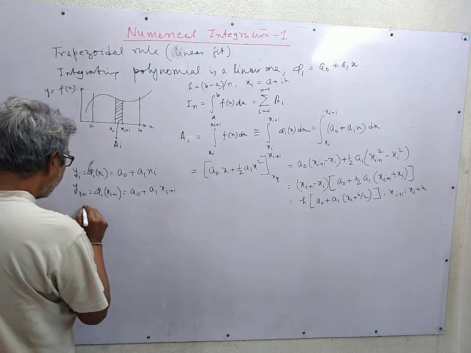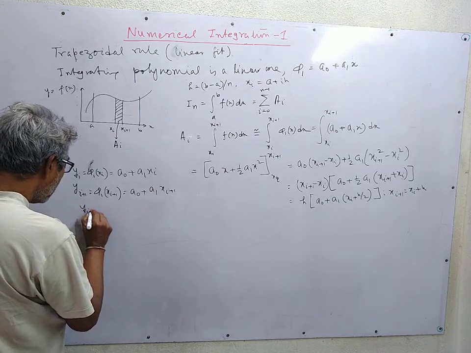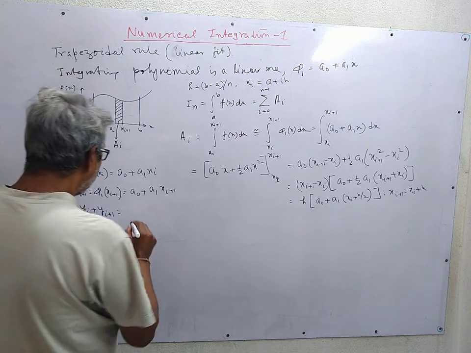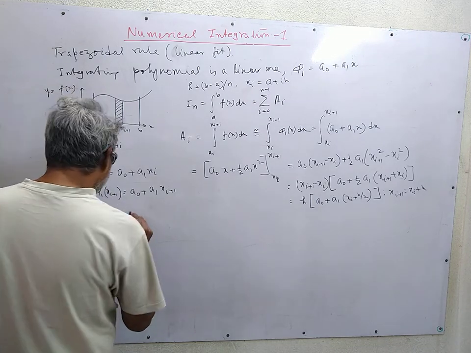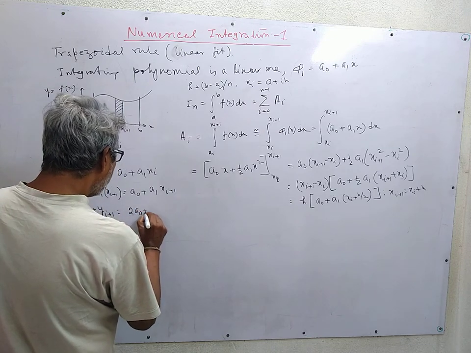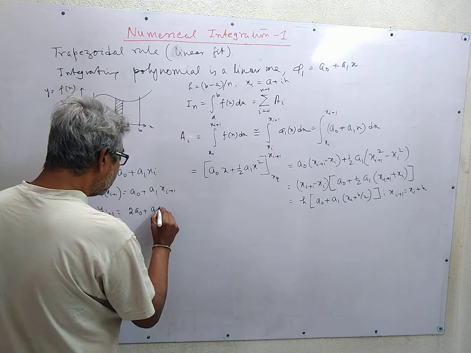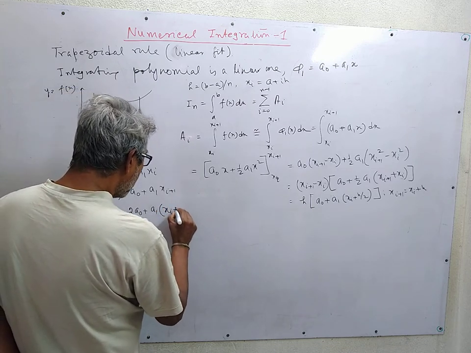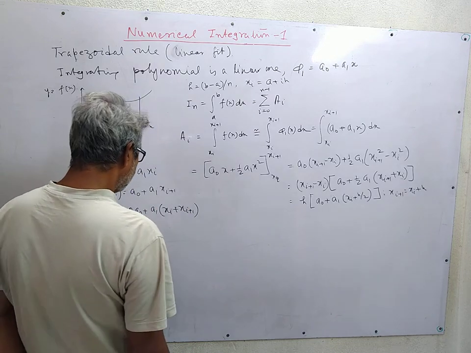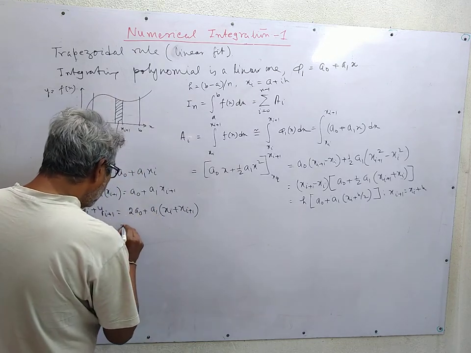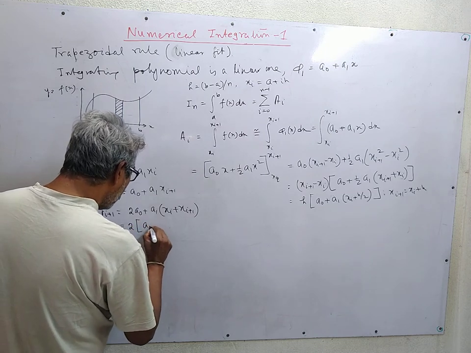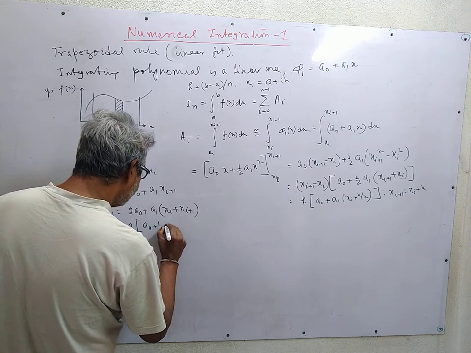If we just add these two, we get twice a0 plus a1 (xi + xi+1). If we take 2 common, we get 2 times (a0 + half a1 (xi + xi+1)).